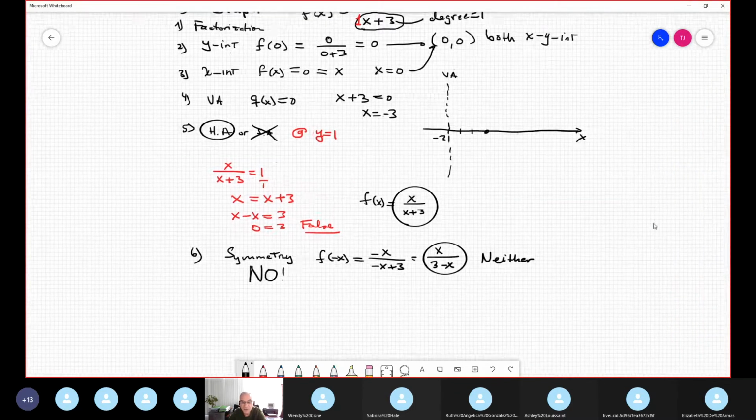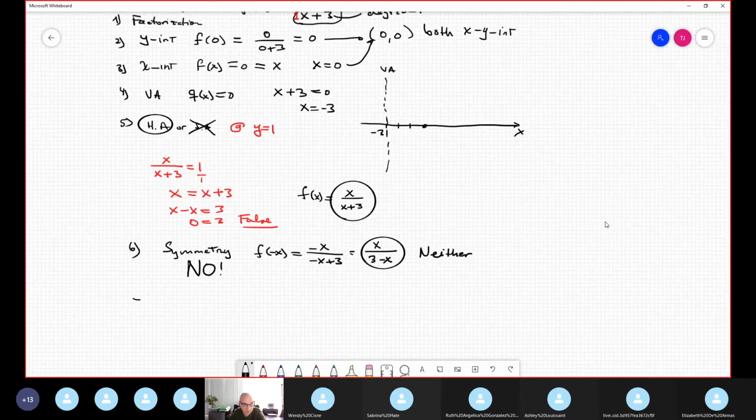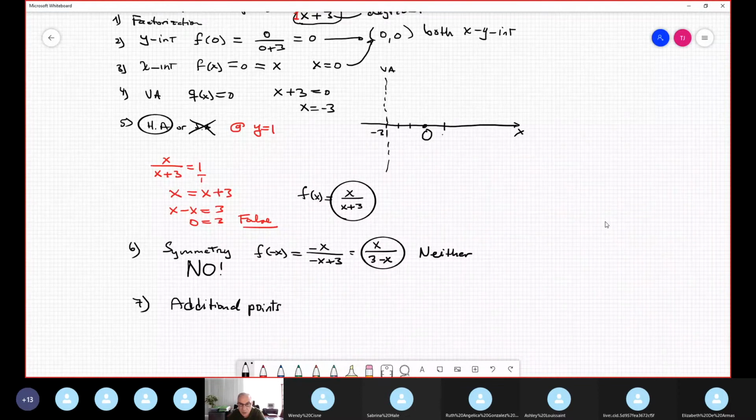Now I select some additional points to complete the picture. What are the criteria for selecting the additional points? Based on the partition we made before, we have 0 here. You can select 1, 2, 3, either way: at least one point in each interval.